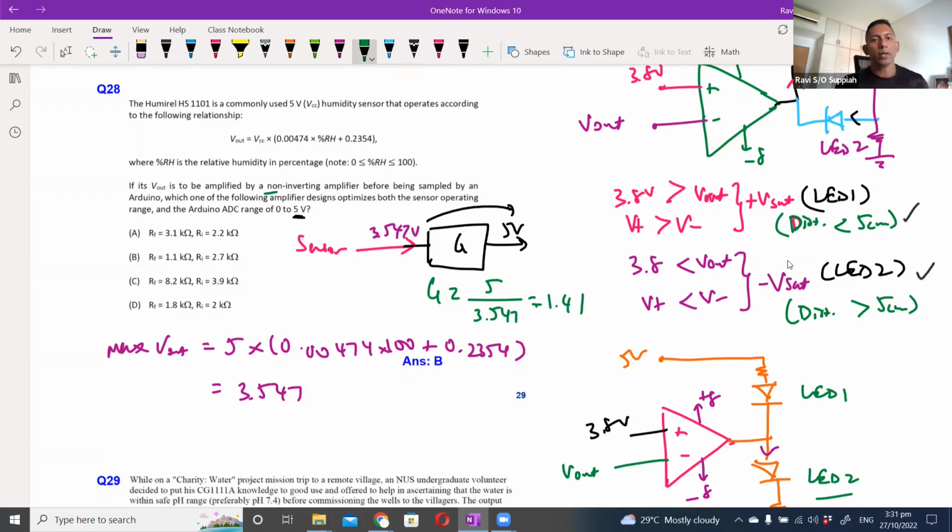And since it is a non-inverting amplifier, it's 1 plus RF over RI equals 1.41. So RF over RI will be equal to 0.41. Then going through all the combinations, you will see that B is the answer that gives you this gain, RF over RI of 0.41.